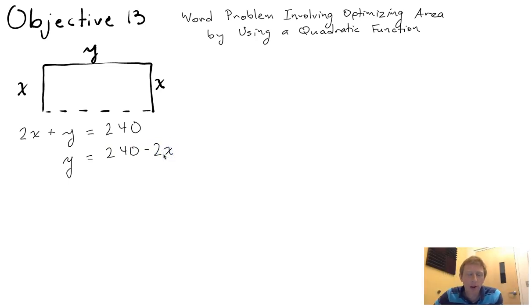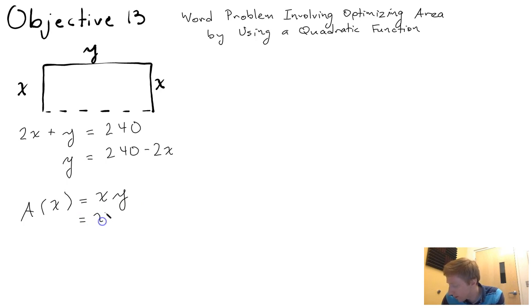So for the first part, you are asked to find a function A of x that gives the area of the field as a function of x. You know the area of a rectangle is length times width, or x times y. So A of x equals x times y. You need this whole function in terms of x, so substitute your y into the equation.